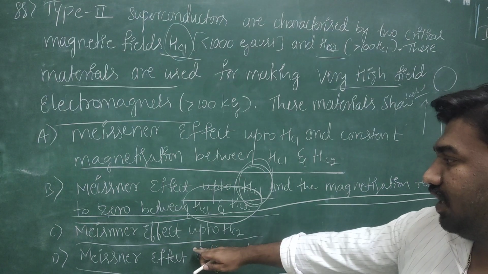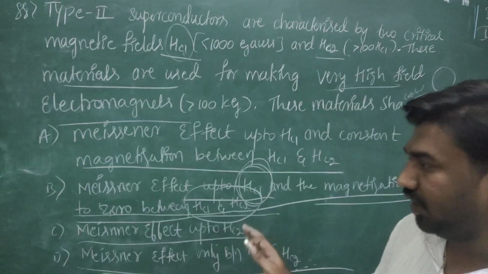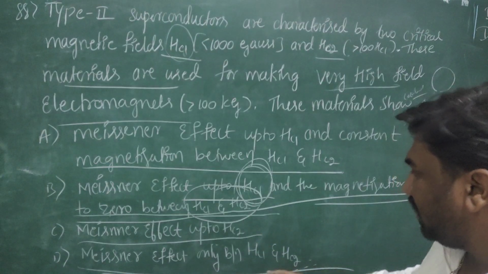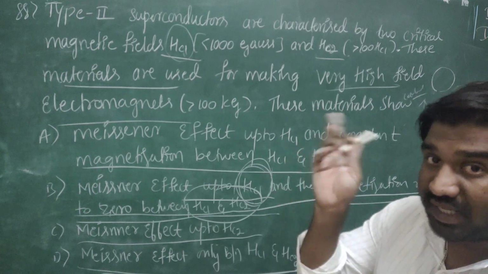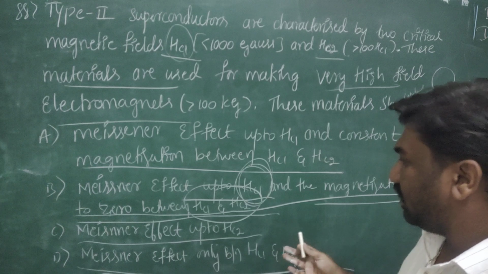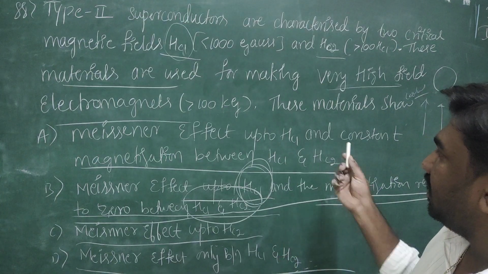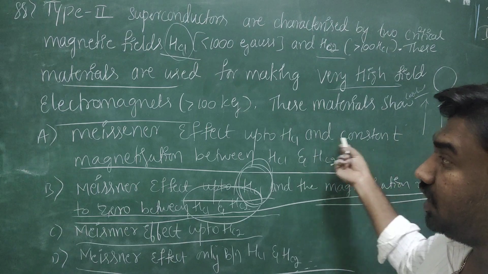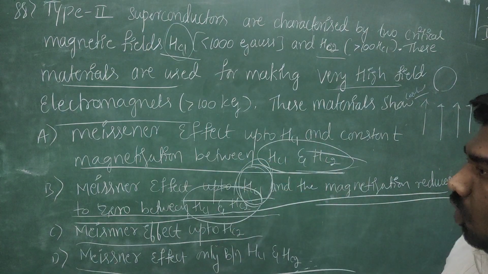And Meissner effect up to Hc2, no. Up to Hc2 there is no Meissner effect. Meissner effect only between Hc1 and Hc2, no, because the Meissner effect is up to Hc1, and after Hc1 the magnetization goes to 0. Meissner effect up to Hc1 and constant magnetization between Hc1 and Hc2, no, is not our answer. So option B is correct.